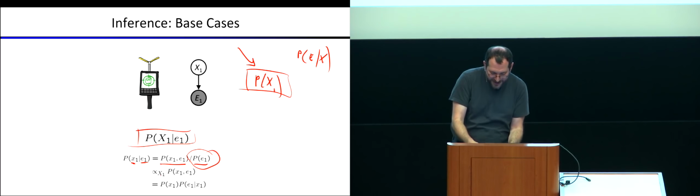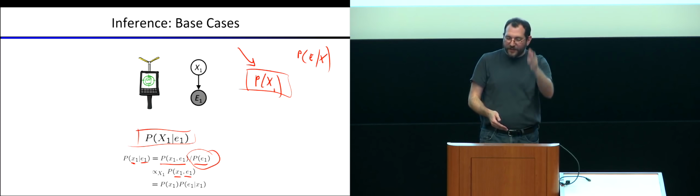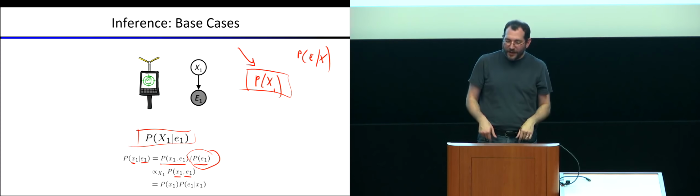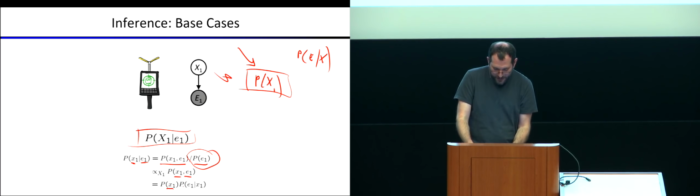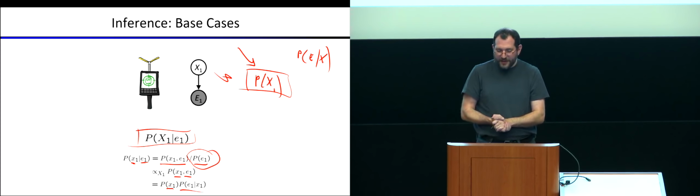So what that means is it's actually enough to compute the joint probability of x1 and the evidence, provided I do that for every value of x1 and then renormalize. And the probability of x1 and the evidence is just the probability of x1, which I already know, that was a given, times the probability of the evidence given x1.